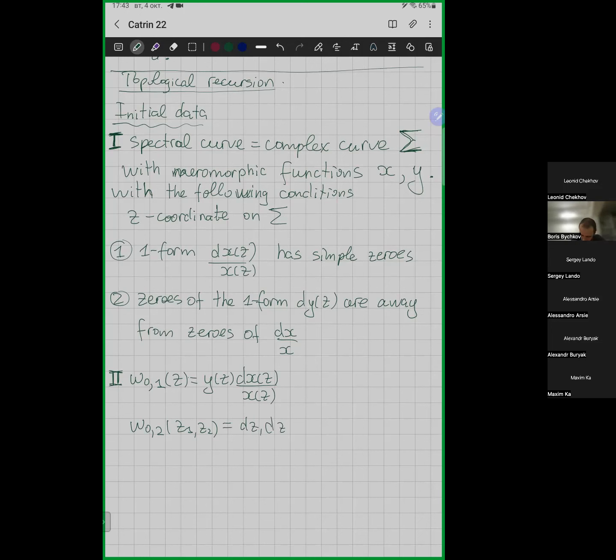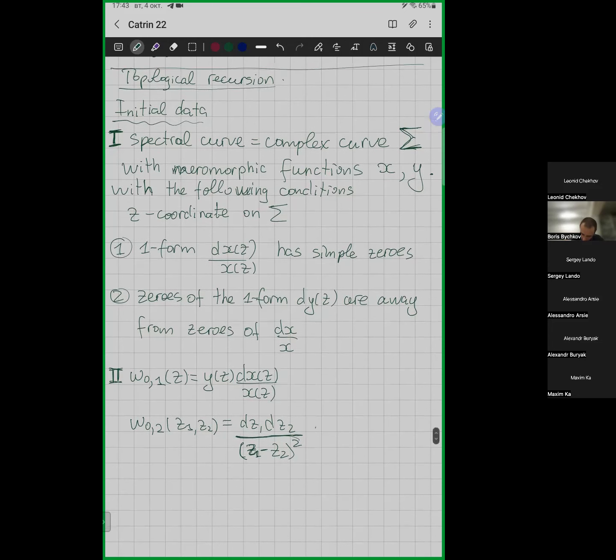And here this omega 0,2, in fact, needs some regularization, which I'll discuss a bit later.